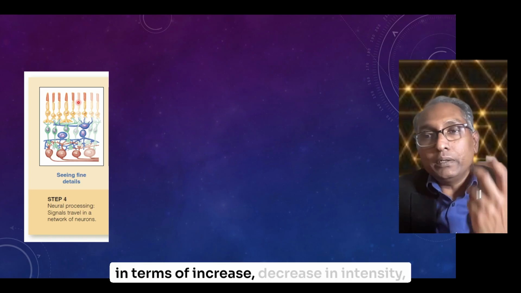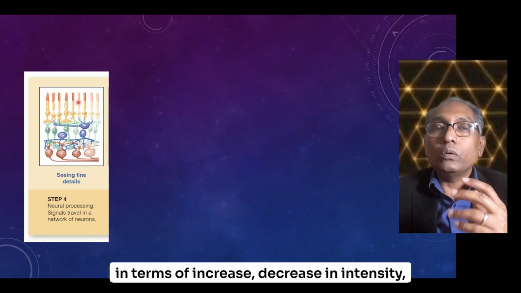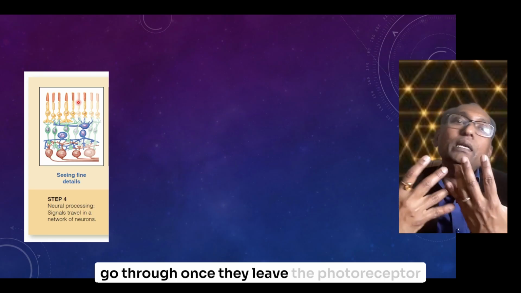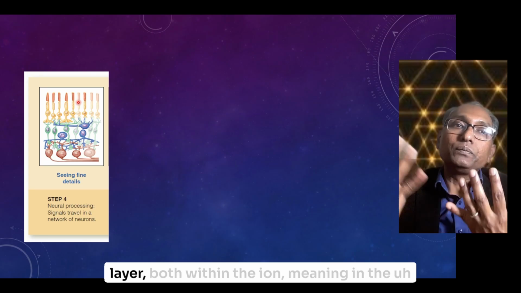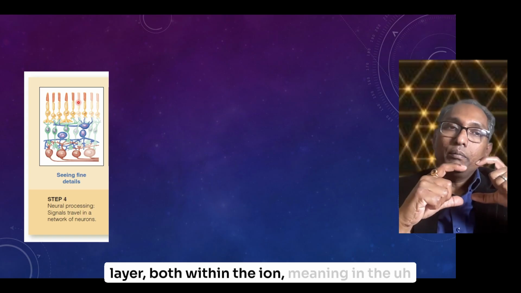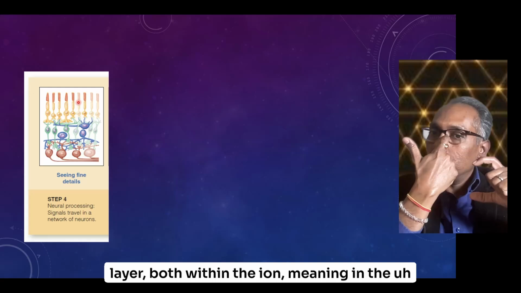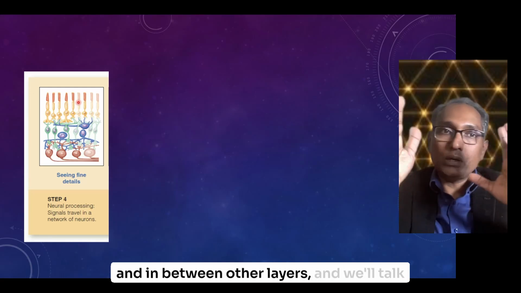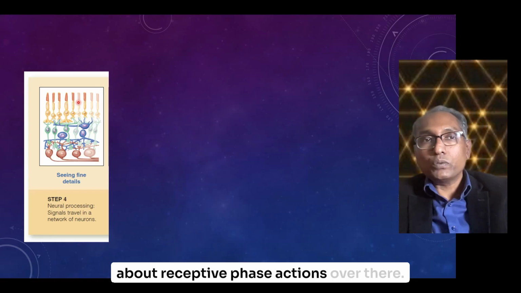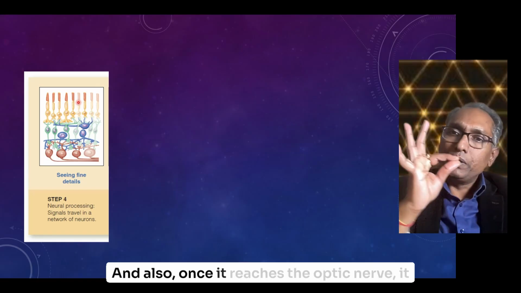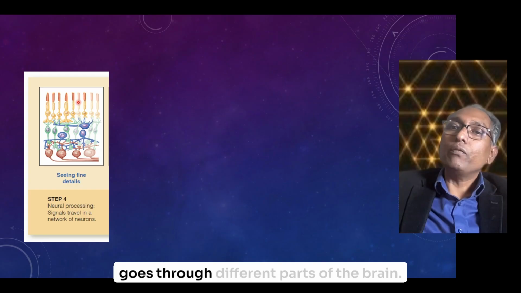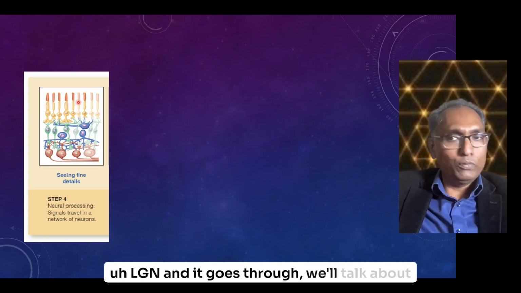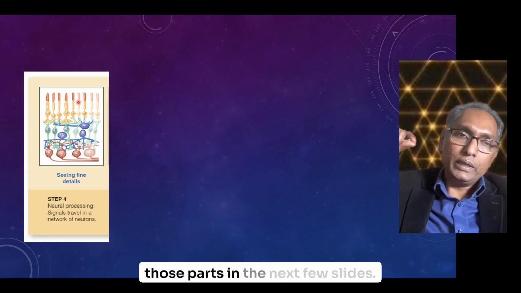Changes in terms of increase or decrease in intensity, all the changes that the electrical signals go through once they leave the photoreceptor layer, both within the eye, meaning in the bipolar cell layer, the ganglion cell layer, and in between other layers, and we'll talk about receptive field actions over there. And also, once it reaches the optic nerve, it goes through different parts of the brain, LGN, and so on. We'll talk about those parts in the next few slides.